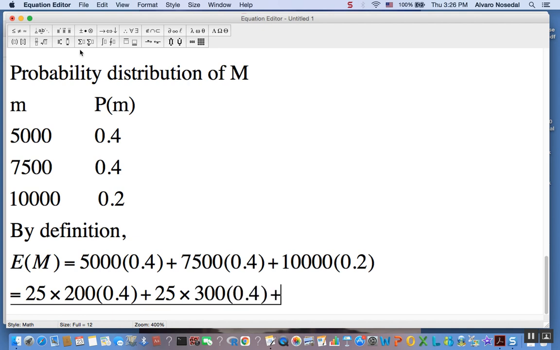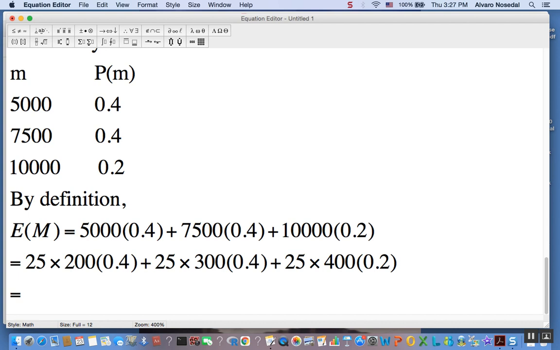And finally, that 10,000 is just 25 times 400. You agree? And then we realize that 25 is a common factor. We just factor that out.